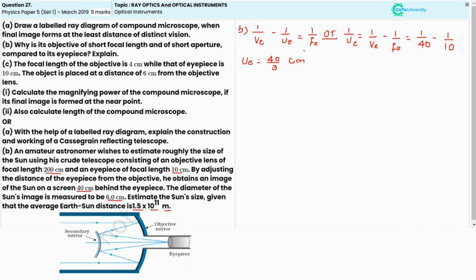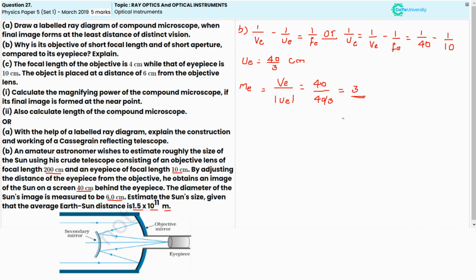Magnification produced by the eyepiece, that is M E, is equal to V E divided by mod of U E, which is equal to 40 divided by 40 by 3. We get the answer 3.